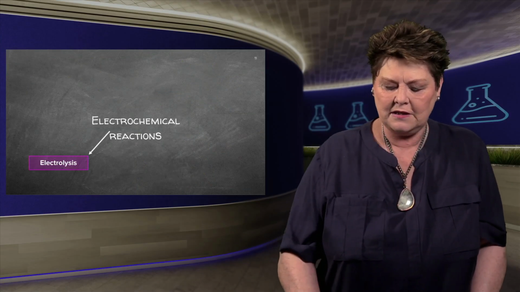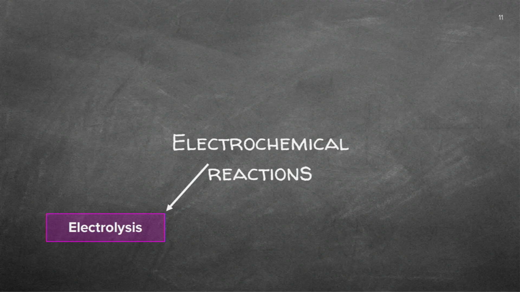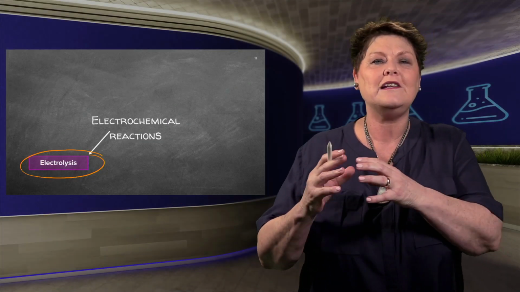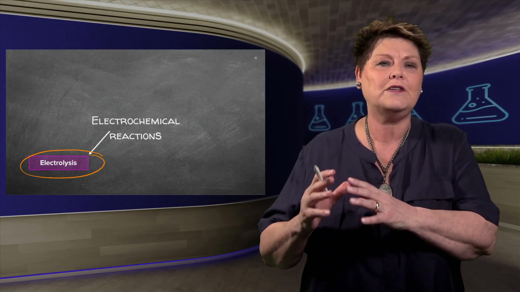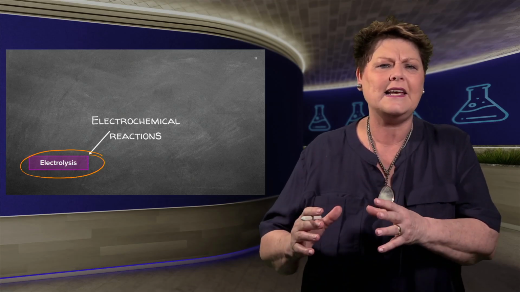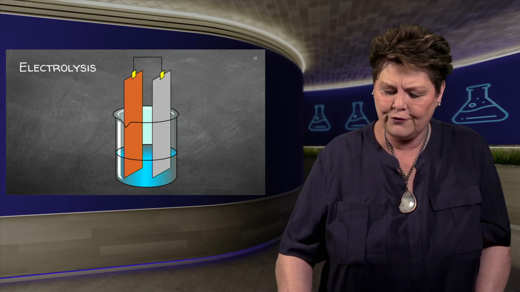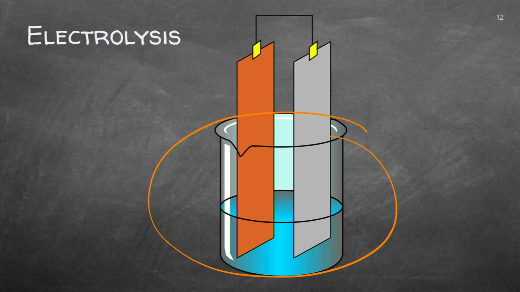The opposite of electrochemical cells is electrolysis. So you get galvanic and voltaic, and you also get electrolysis. Now, electrolysis you've done in grade 9 and 10. Electrolysis is different. It's in one container.